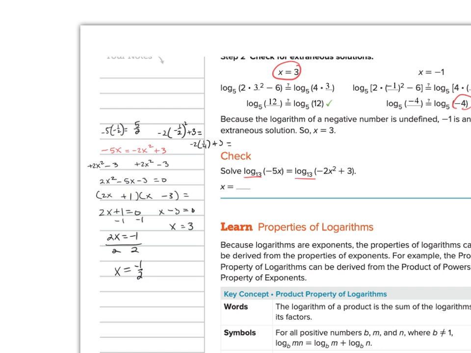This comes out to be -1/2 plus 3, or 3/2. I'm sorry, yeah, 2.5. So our answers here turn out to both be 2.5.